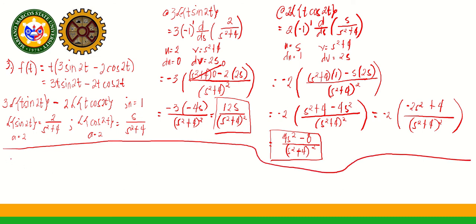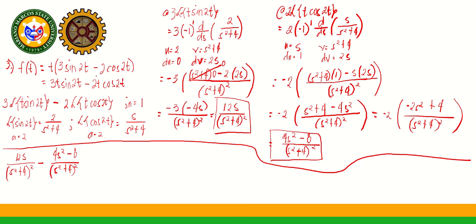So, this will be equal to the Laplace of this function is equal to 12s over s squared plus 4 quantity squared plus 4s squared minus 8 over s squared plus 4 quantity squared. This should not be plus pala. This is negative.